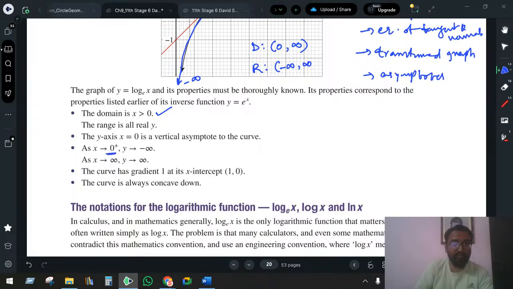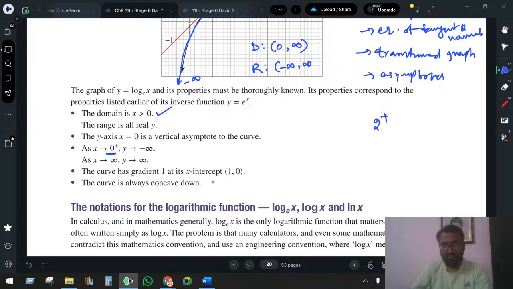What is meant by 0 plus? What is the plus sign? It means from the right side, not positive. For example, 2 plus is also there. There is no positive; 0 to 2 is also positive.